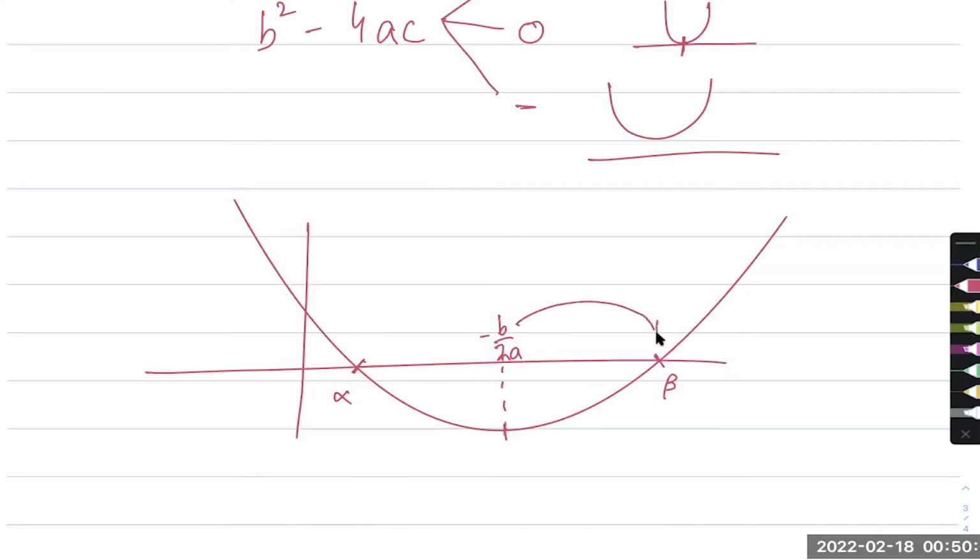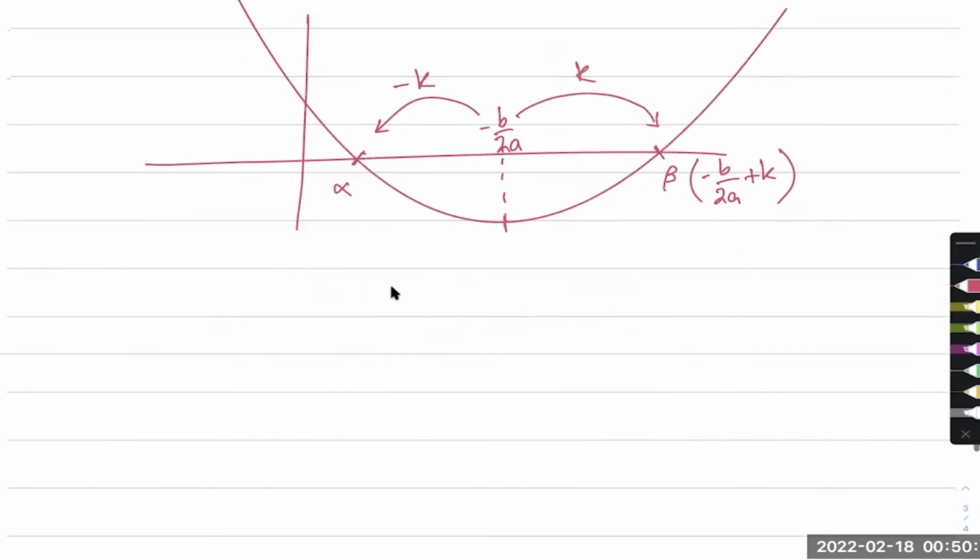So this root is minus b over 2a plus k, because I've traveled that much to the right. And this one would be minus b over 2a minus k, because I've traveled backwards k steps. If I add them both, I get my vertex. No wonder when you add the roots, you get your vertex.